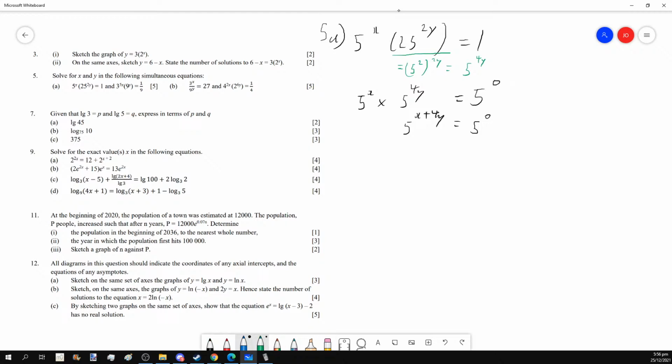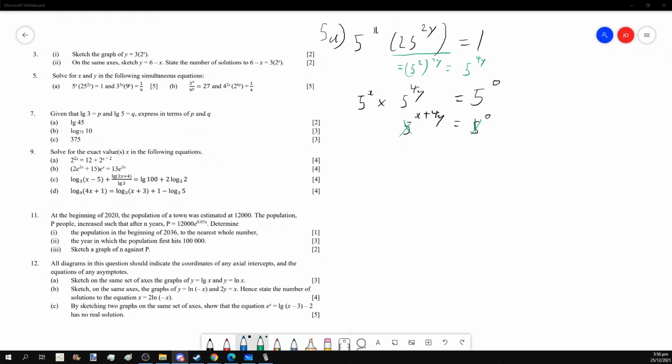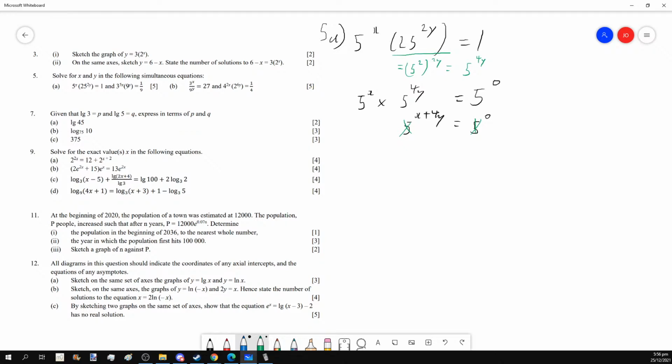Once we are at this stage, it is really straightforward for us to simply close one eye and ignore the presence of the base. And from here, we will see that, of course, we get x + 4y = 0, from which it implies x = -4y. And we will then call this equation 1.